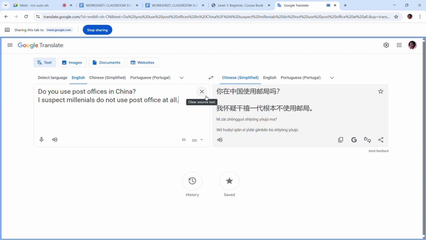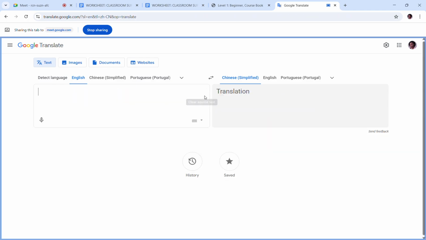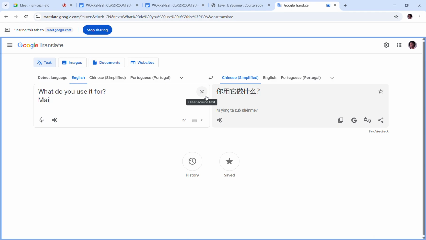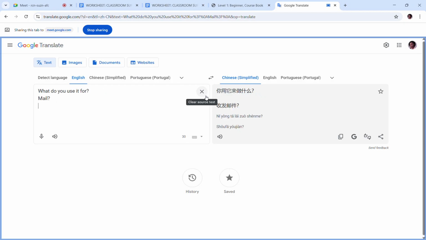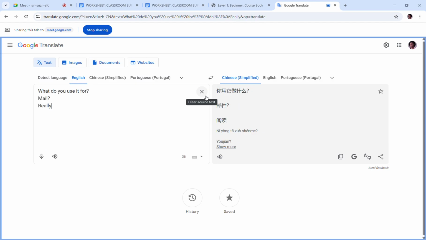Yes. For what? Still using. They will use. Is it? What do you use it for? For mail. Yes. Really? Write a letter to send to the plant.